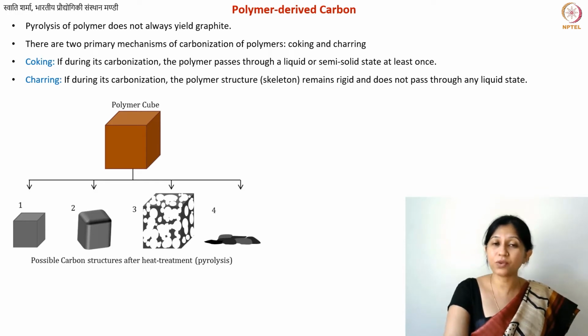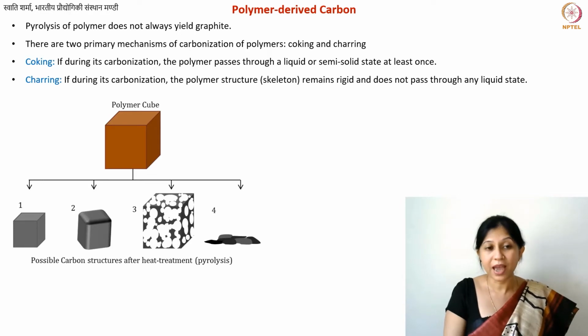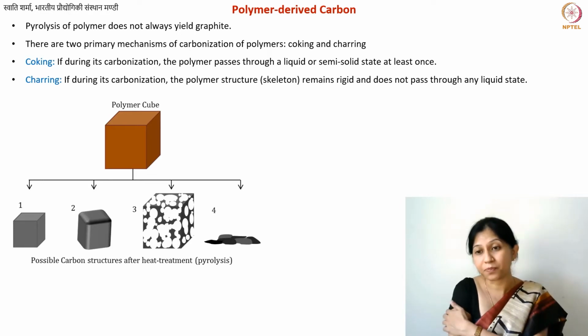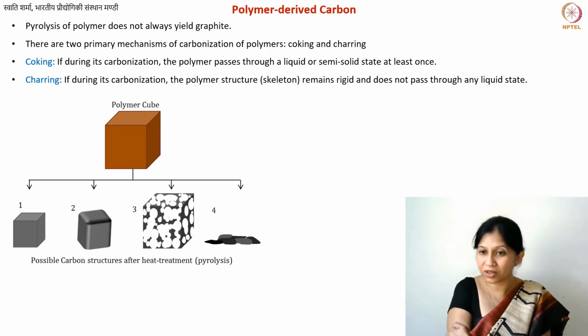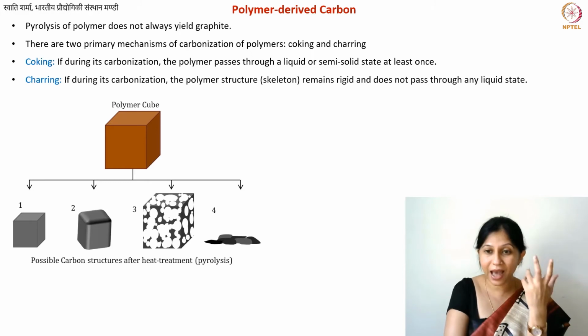Now, which ones will you call coking, and which ones charring? So maybe when you look at this picture, you can say number two is caused by coking. Your polymer must have gone through some sort of semi-solid, liquid-like state, and that is why you have this smoothening of the corners.